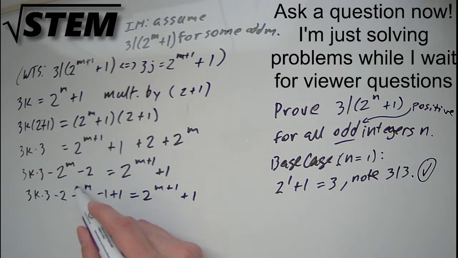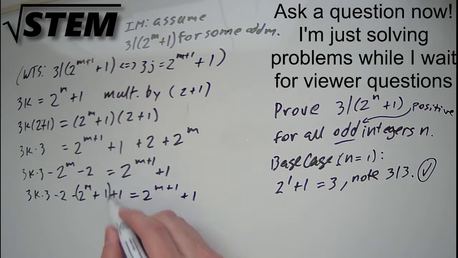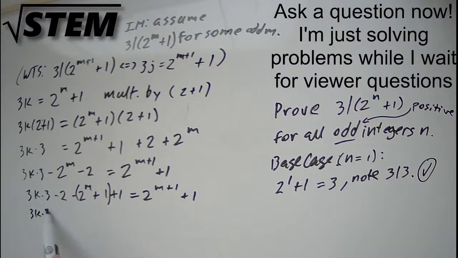So right here we can factor out that negative and say that this is 3 times k. So 3 times k times 3 minus 2 minus 3 times k plus 1. Negative 2 and plus 1 make negative 1. It's not looking good. Can't really factor a 3 out of a 1.